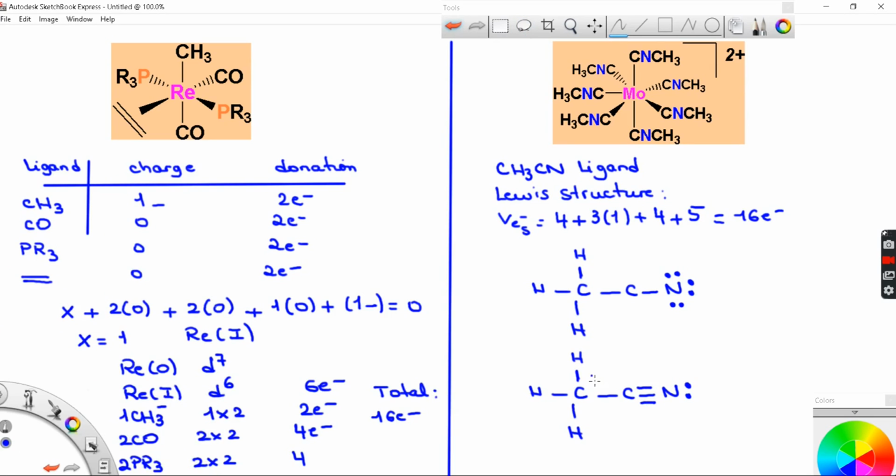The structure is saturated, is complete, so CH3CN is a neutral. We don't have to add or to remove the electrons, and is 2 electron donor from nitrogen.